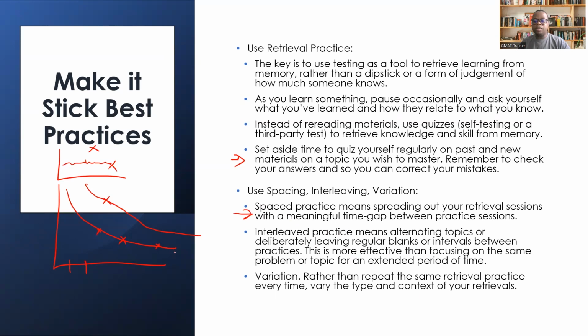And variation: rather than repeating the same practice every time, vary the type of context in your retrievals. This applies very well when you're doing especially a concept quiz. Don't just quiz yourself on one topic, but quiz yourself on multiple topics. And if possible, mix up knowledge, mix up the quizzes.